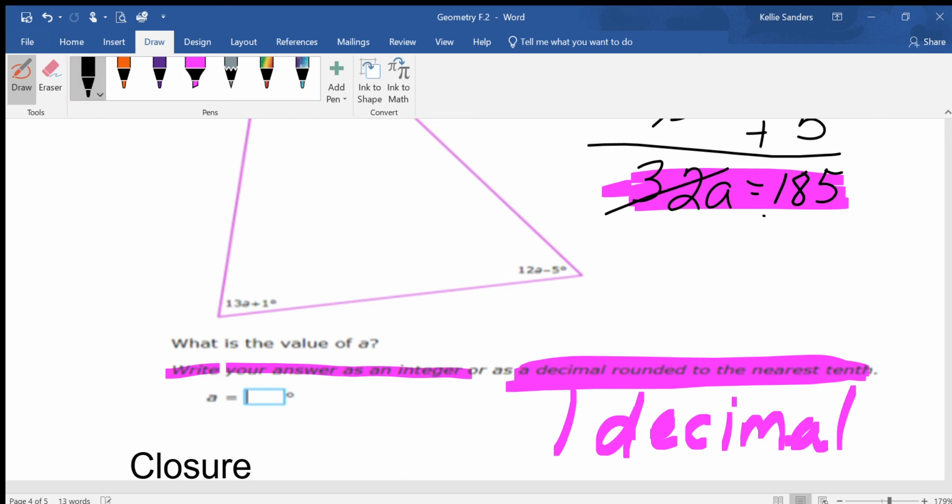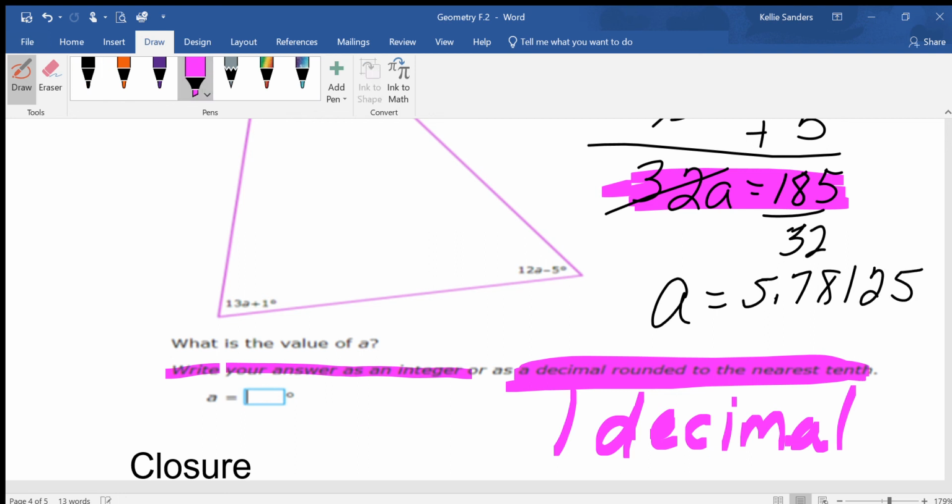So we're going to divide by 32. Honestly, I don't have a clue what that is. So 185 divided by 32 is 5.78125. Here, we only want this spot.